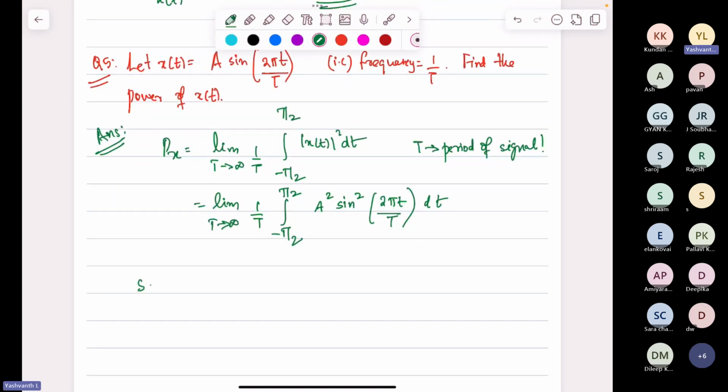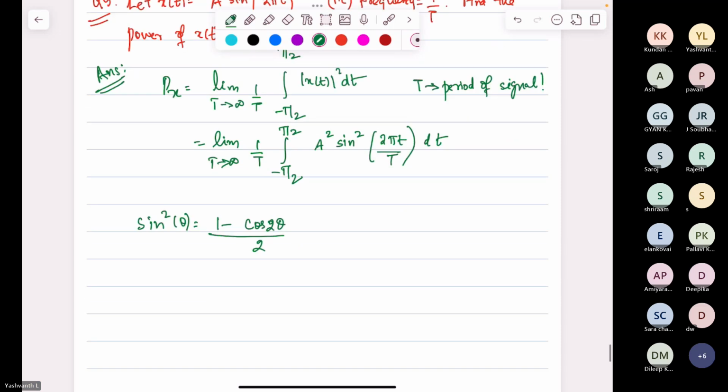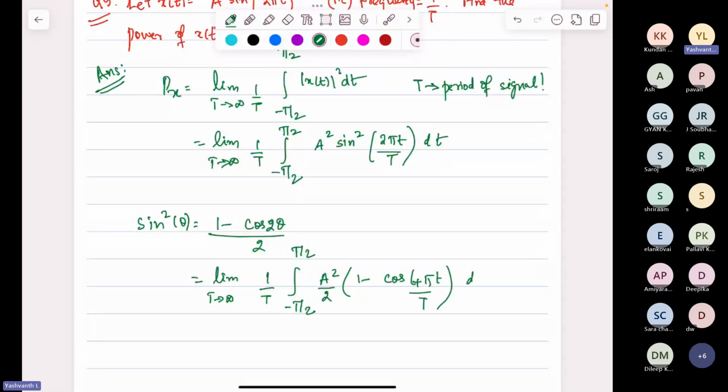Now simple integration. Sine square theta is nothing but 1 minus cos 2 theta by 2. Therefore, P of x is nothing but limit T tends to infinity 1 by capital T integral minus T by 2 to plus T by 2 a square by 2 into 1 minus cos 4 pi t by T dt.